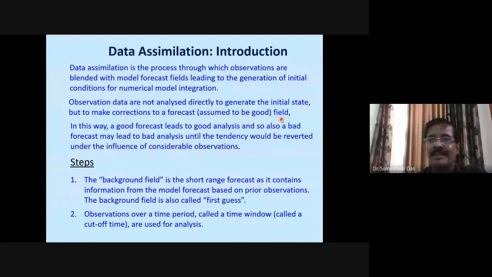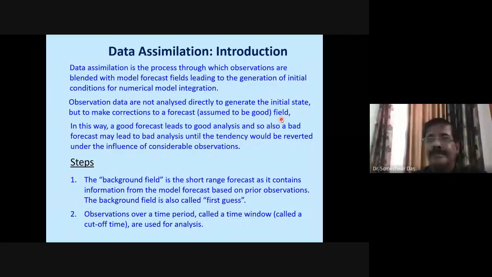Like observations collected at Kolkata, Chennai, Guwahati, and all over India at 5:30 cannot reach NCMRWF or IMD at 5:30. It takes time, right? And if you are trying to utilize the observations all over the world, obviously it will take more time, right?